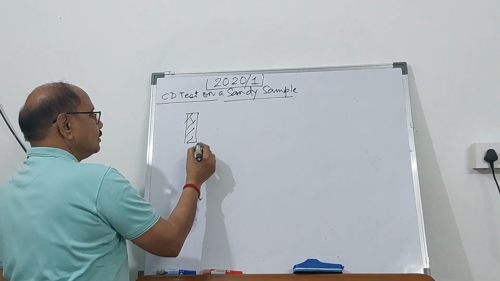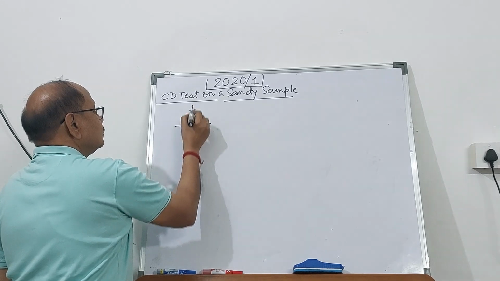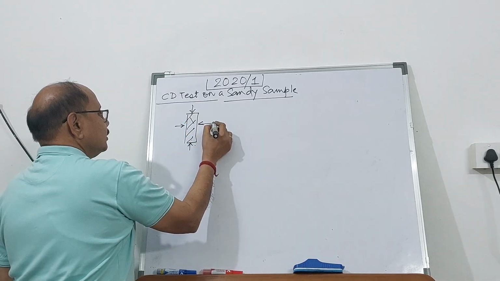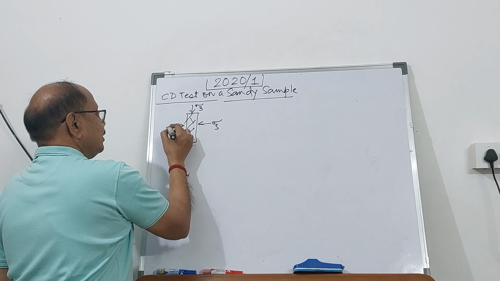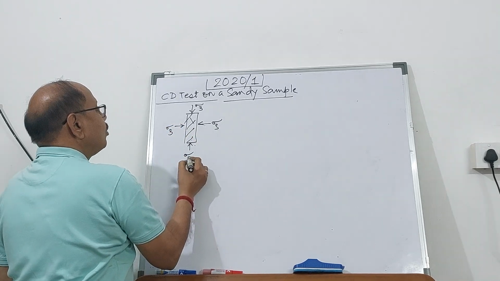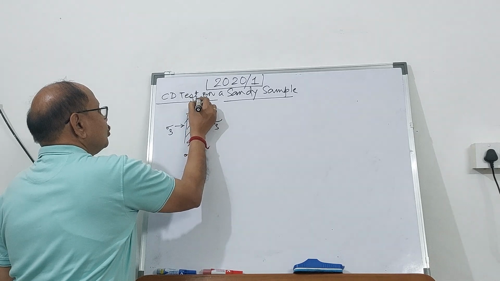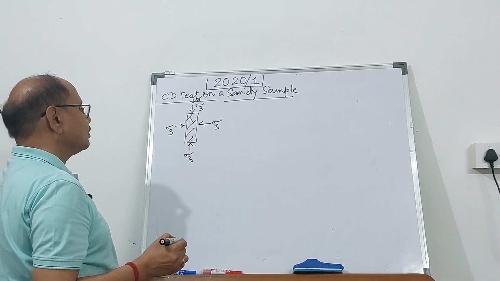You know that you apply the confining pressure, and this is sigma 3. So sigma 3 all round, and then you apply the additional axial pressure known as deviatoric stress.